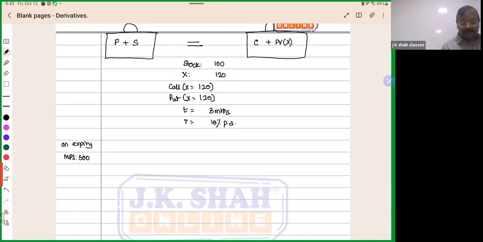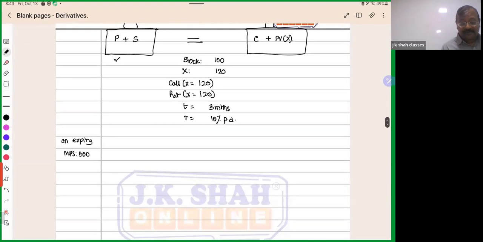Let's find the value of this thali, this bag. Understand? Here, what do you have in this bag? You have purchased the stock and you've also got a right to sell the stock. At what price? Right to sell at 120. Okay. Now, on expiry, what will be the value of this thali? What will be the value of put? Right to sell at 120 on expiry. Market price is 500. What will be the value of the put?